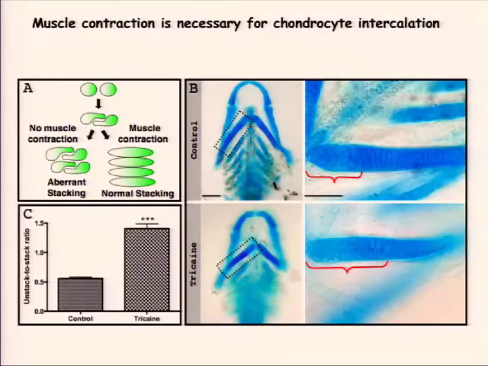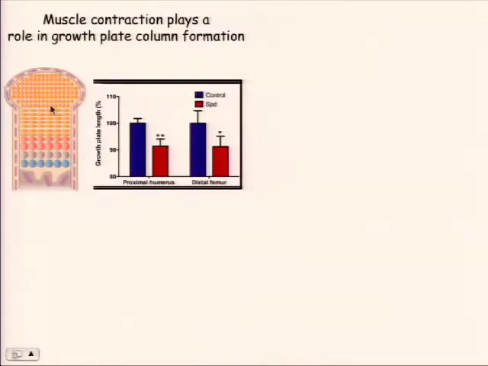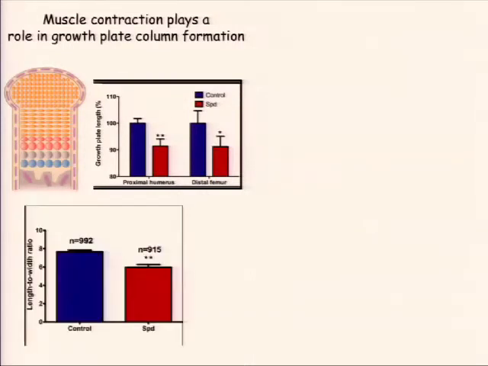And we went back to the mouse, and by measuring growth plates from paralyzed and unparalyzed mice, we observed that also in the mouse, the growth plates are shorter. And when we observed their cellular morphology, we found differences.